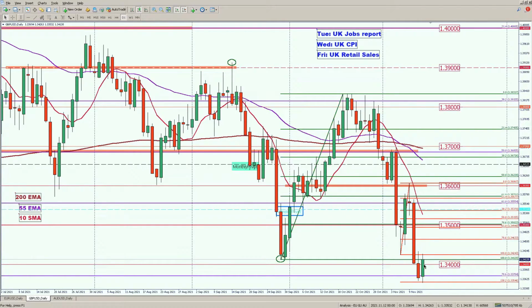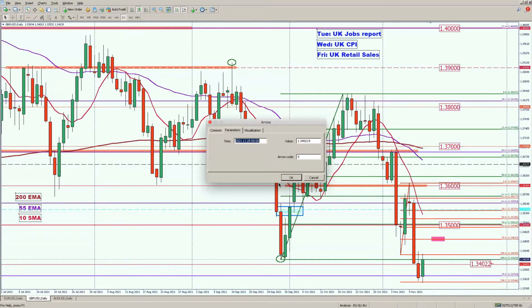So let's see where this pullback could move up to. So let's possibly identify a 78.6 retracement level. It's at the 134.60 area. Let's move this out of the way slightly.